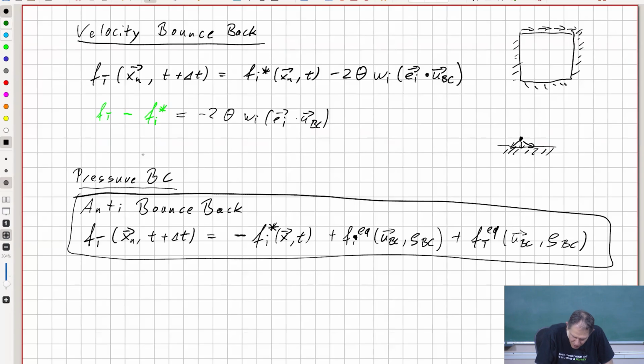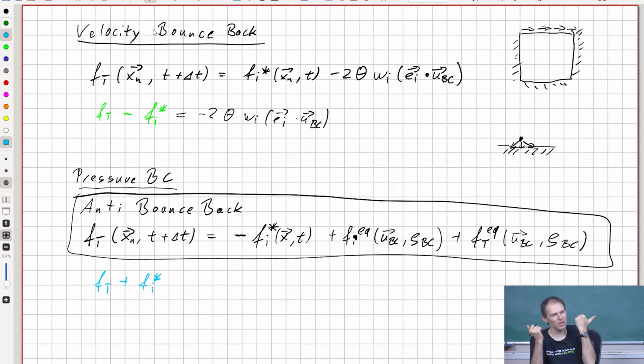The anti-bounce back boundary condition has here the sum of two moments. Yeah, so it sets a second order. It is a boundary condition for even moments, whereas the other is for odd moments. Yeah, so one going this way is the opposite to this way.